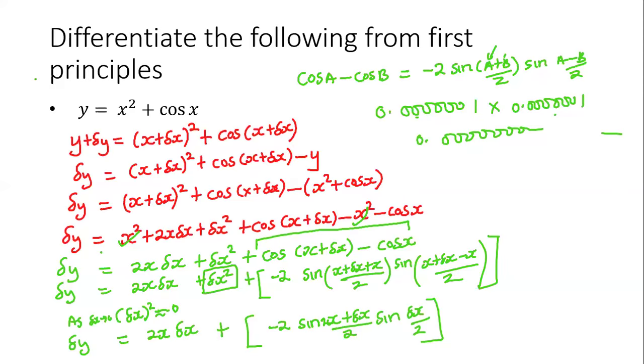Is that fine? Yes. So that's why we approximate it to 0. However, when I have 2x delta x, this 2x is a big thing. So when I multiply it with a smaller thing, still I will remain with some.